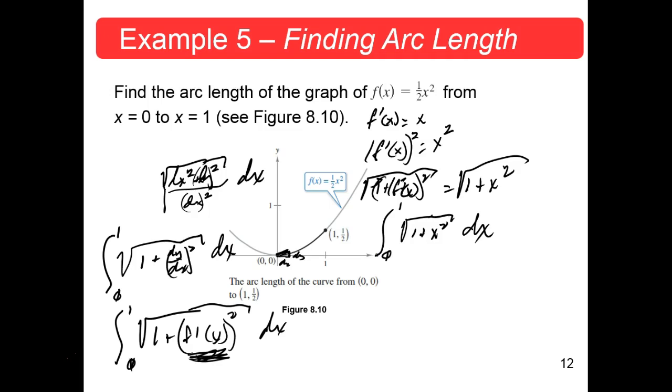We've been walking our way through remembering how to do an arc length, and our integral comes down to the integral from 0 to 1 of the square root of 1 plus x squared dx. And as I said, a normal substitution, let u equal blah, blah, blah, isn't going to help us here at all. But the trig substitution has promise.